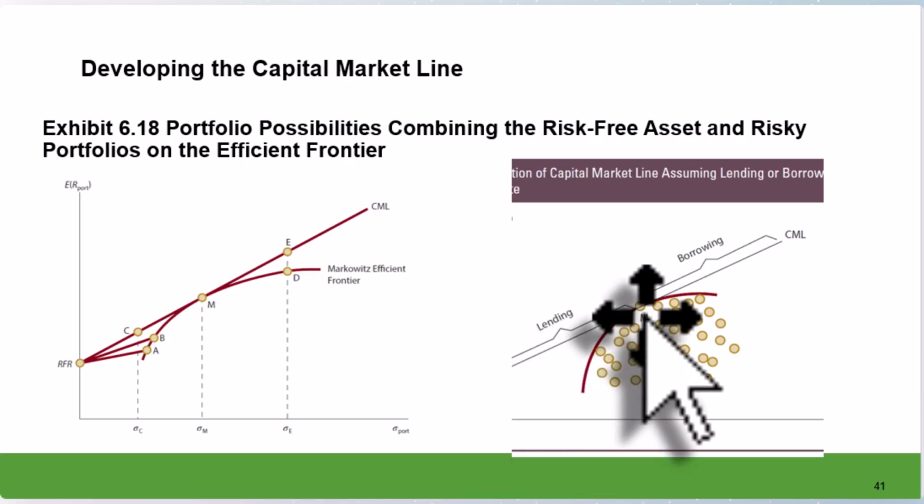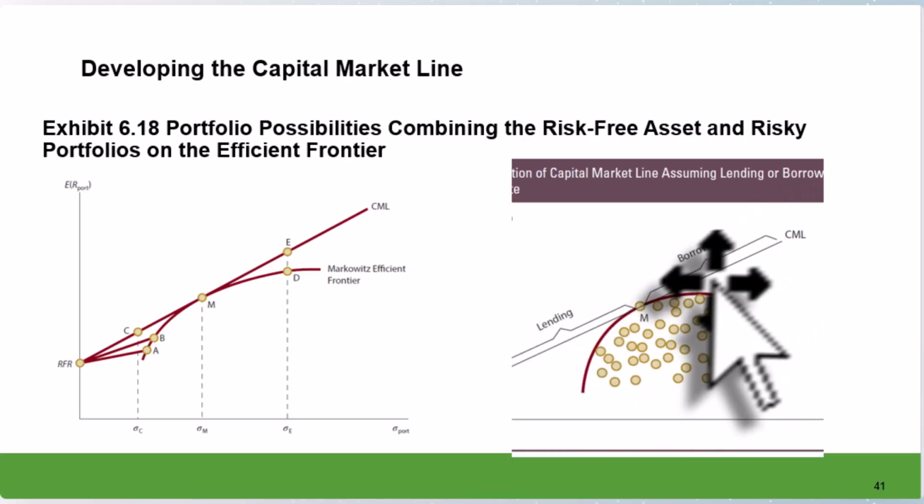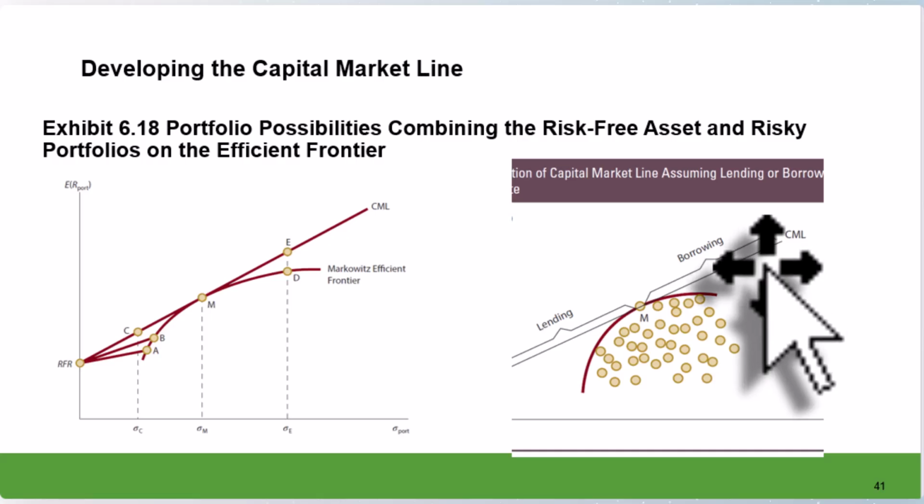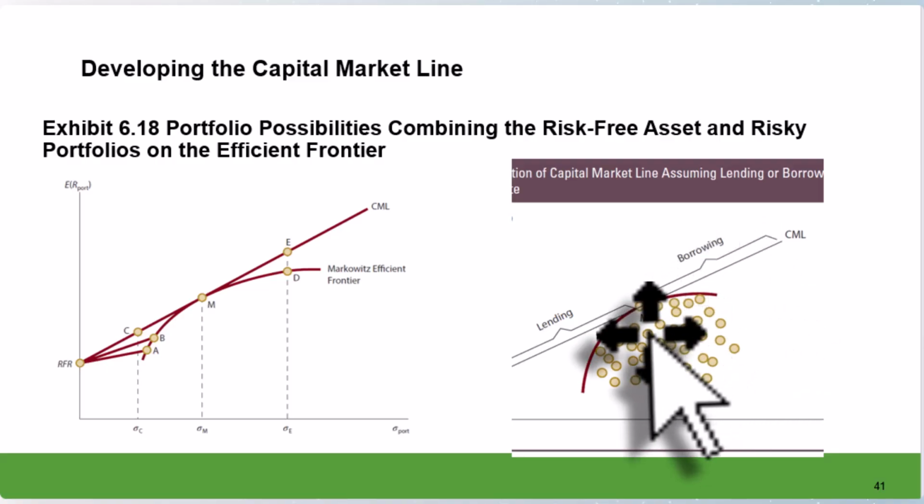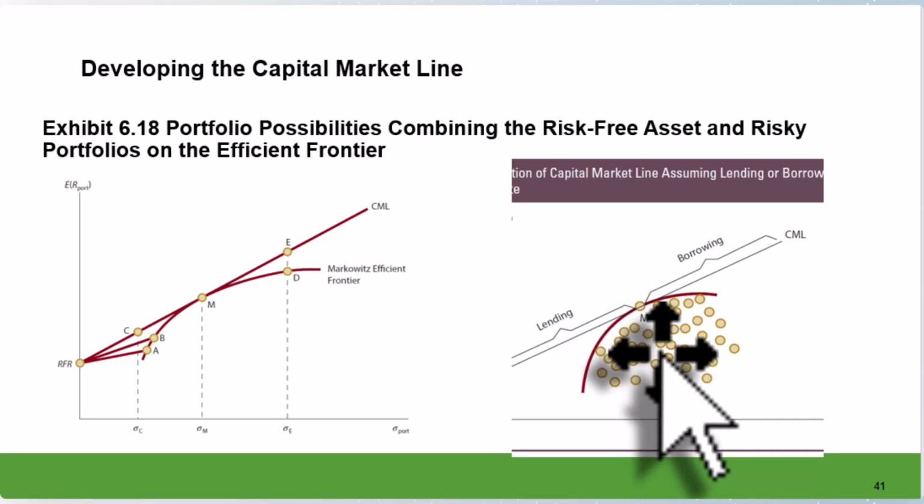But if you're aggressive, what you would do is borrow at the risk-free rate. You would borrow treasury bills. That means you would be borrowing at the risk-free rate, which means you're getting money, and you'll take that money with all the rest of your money and invest it in the market portfolio.